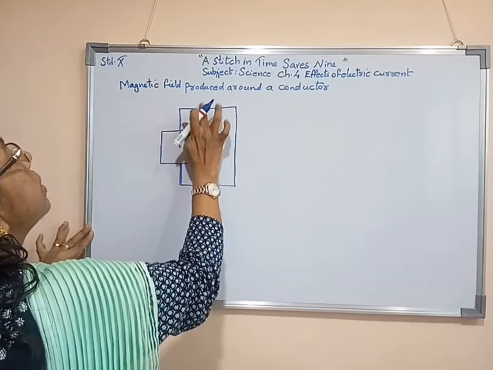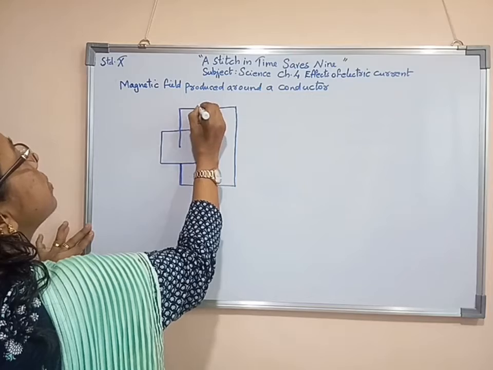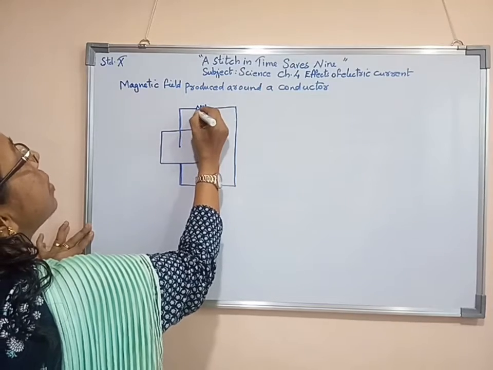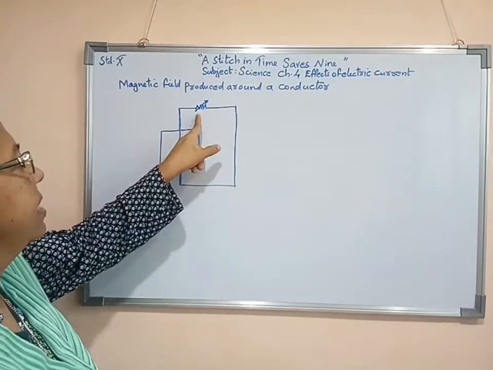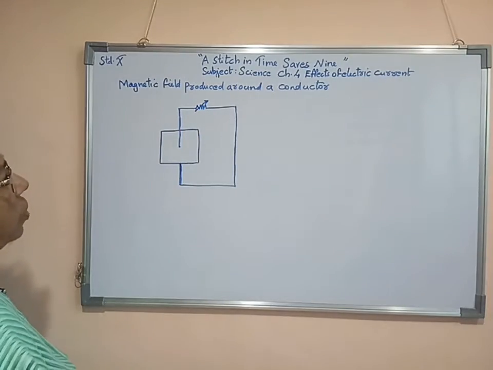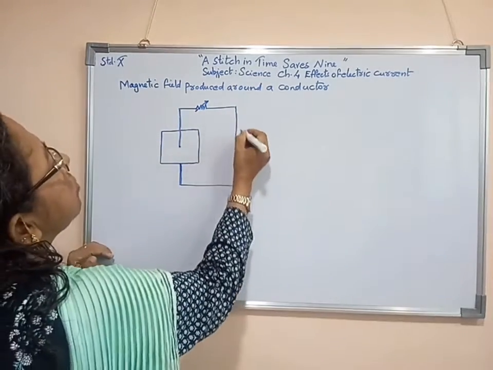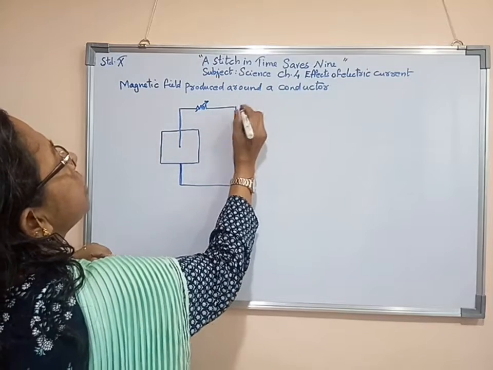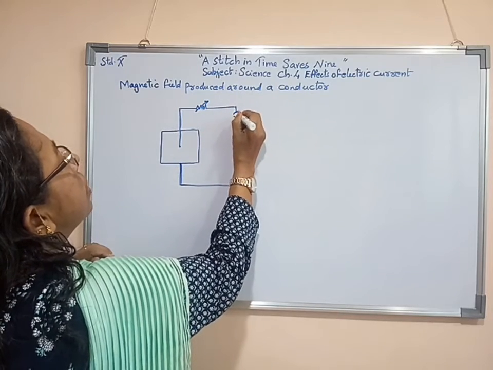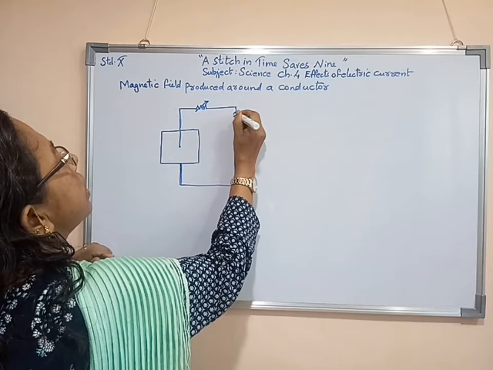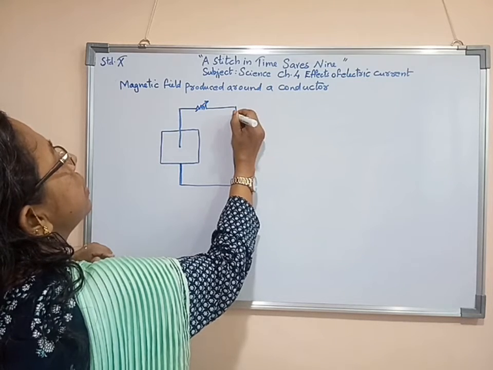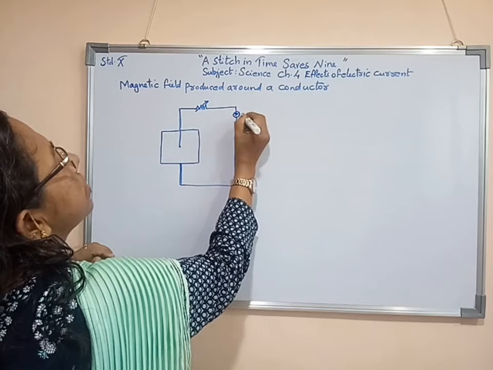Here I am making the rheostat. The rheostat will be the same as a resistance, with one arrow mark on it. After that, I am connecting an ammeter here.